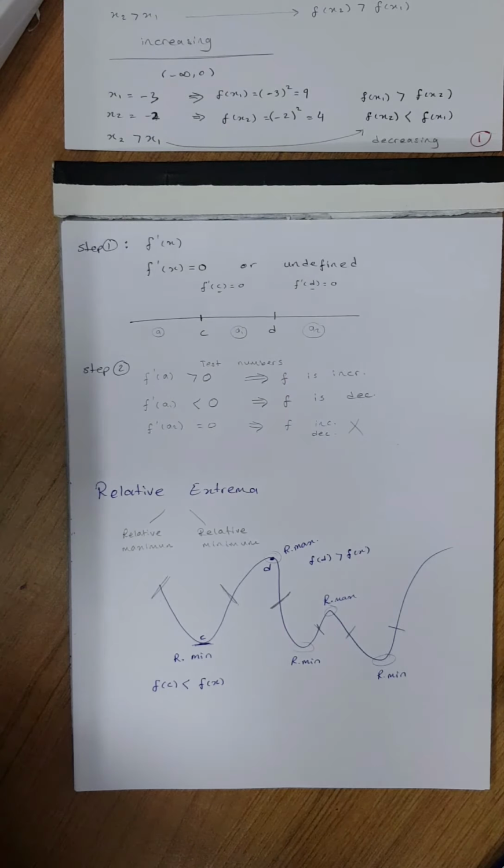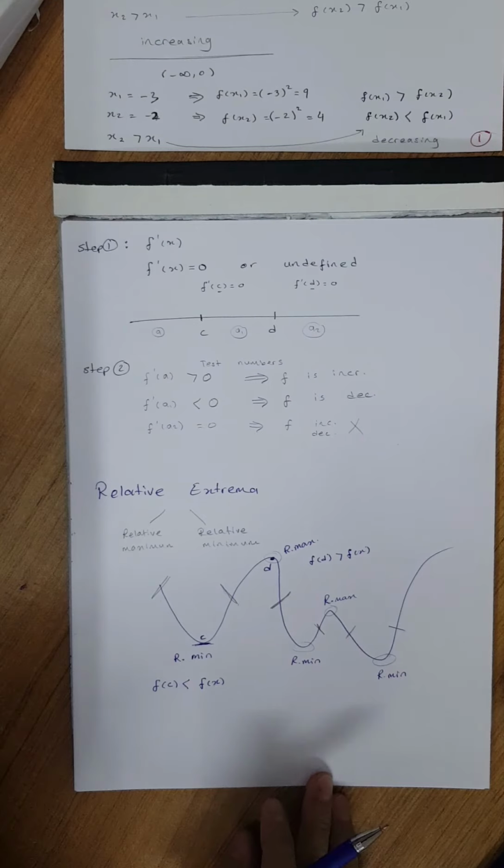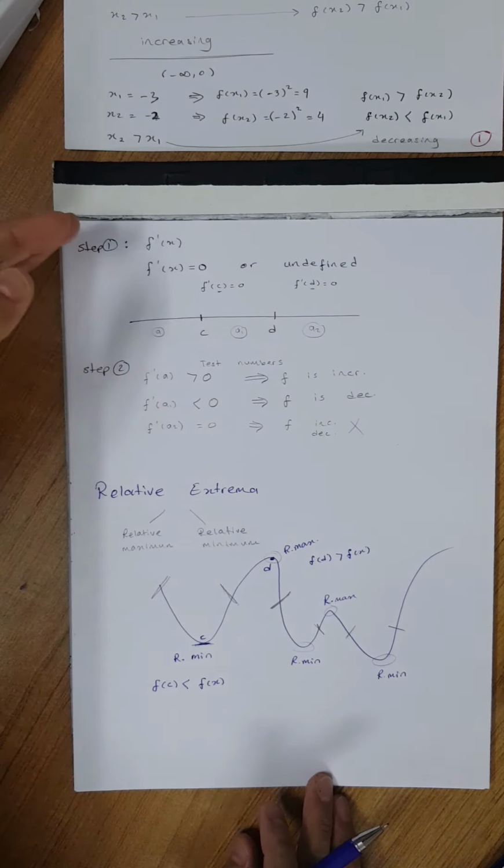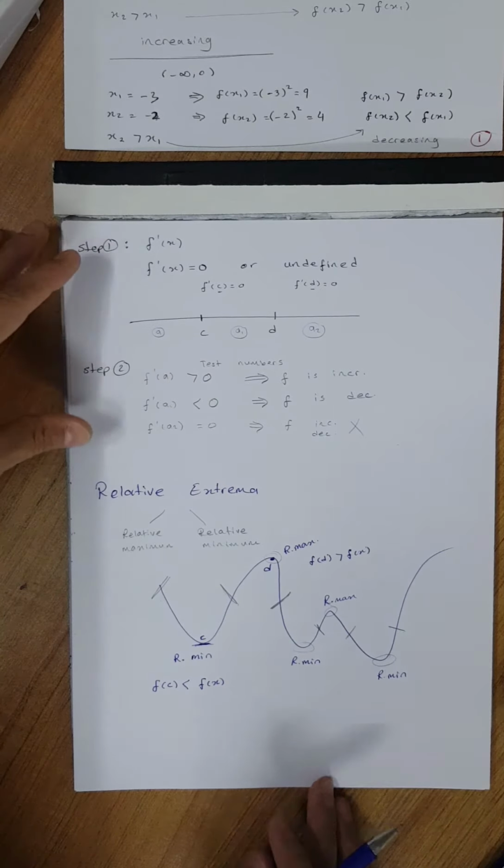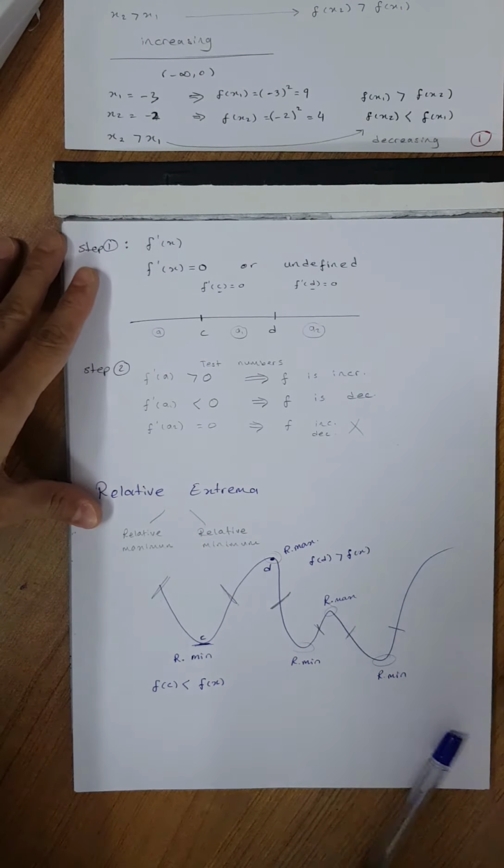Let's come to critical numbers or critical points. What is a critical number? A critical number is a number in the domain of the function f when either f prime of c is equal to 0 or undefined. Let me write it for you.